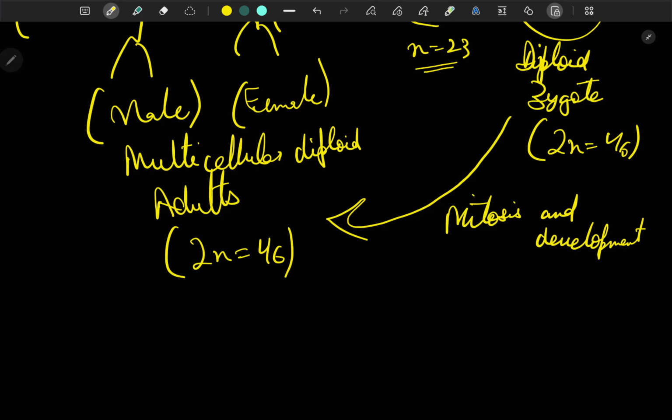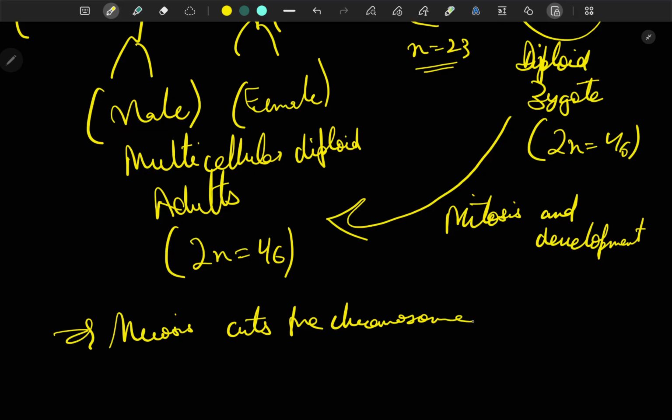So meiosis cuts the chromosome number in half: earlier it was 46, divided by 2 it becomes 23. And what does fertilization do?